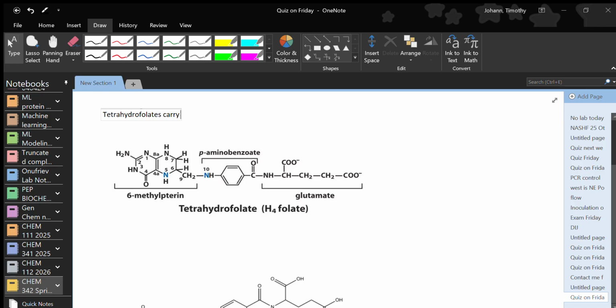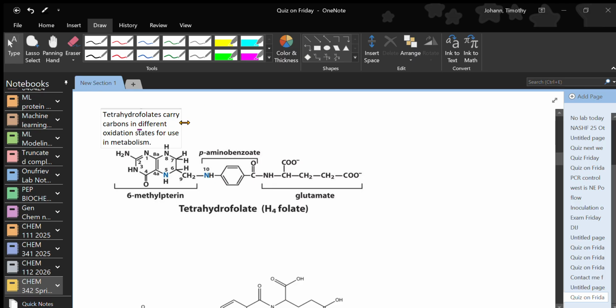So they carry carbons in different oxidation states for use, I'm going to say, in metabolism. Okay, which is pretty general. They're going to take carbons and give carbons to other molecules.